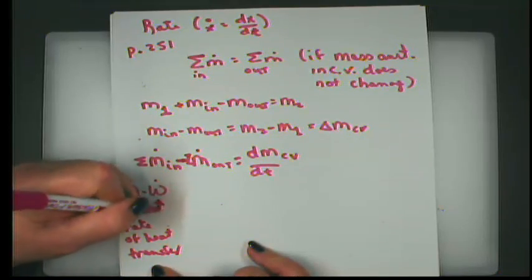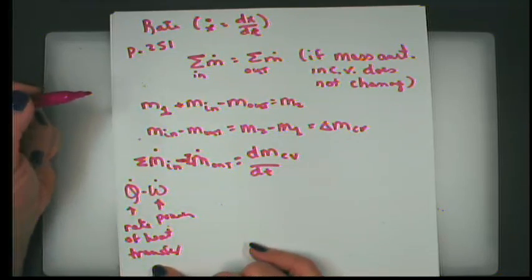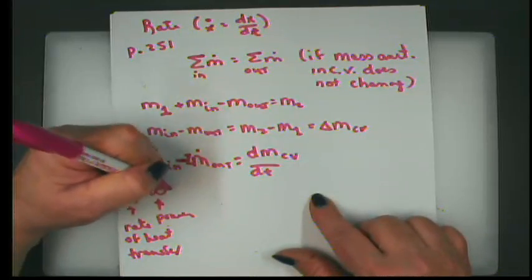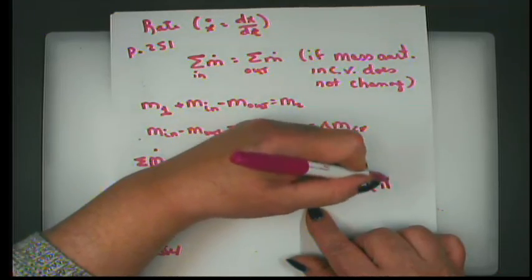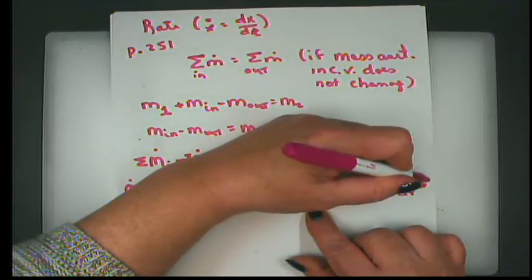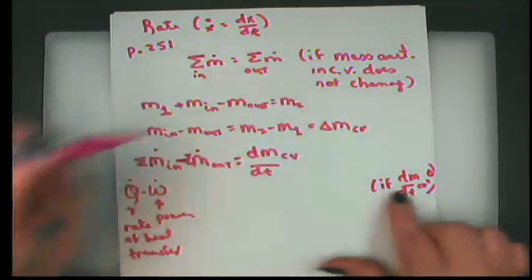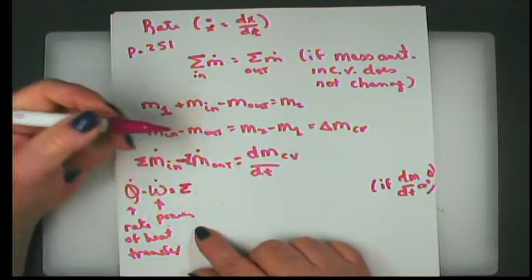W dot is power. Okay? And if we take a look at that, if we have no mass accumulating within the system, let's put this: if dmcv/dt is equal to 0, in other words, once again, we're not accumulating mass, then all we have to worry about is the energy that comes in and out associated with mass.